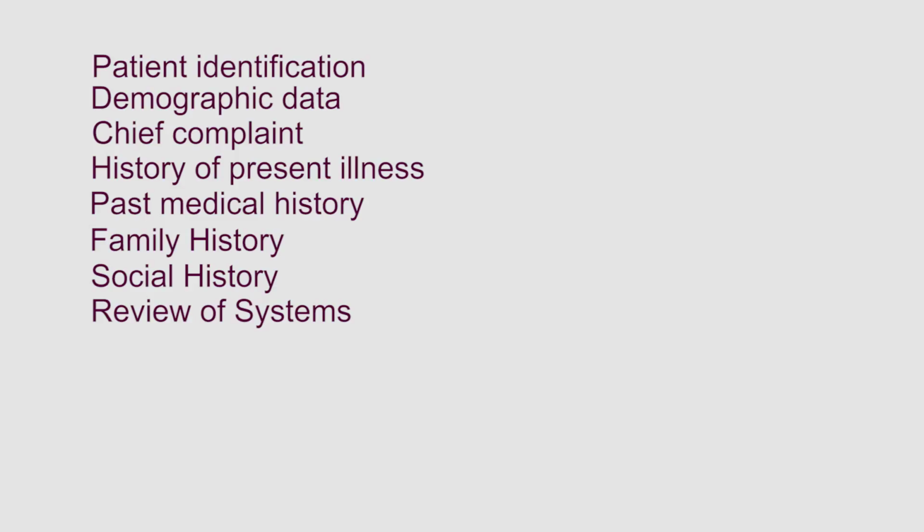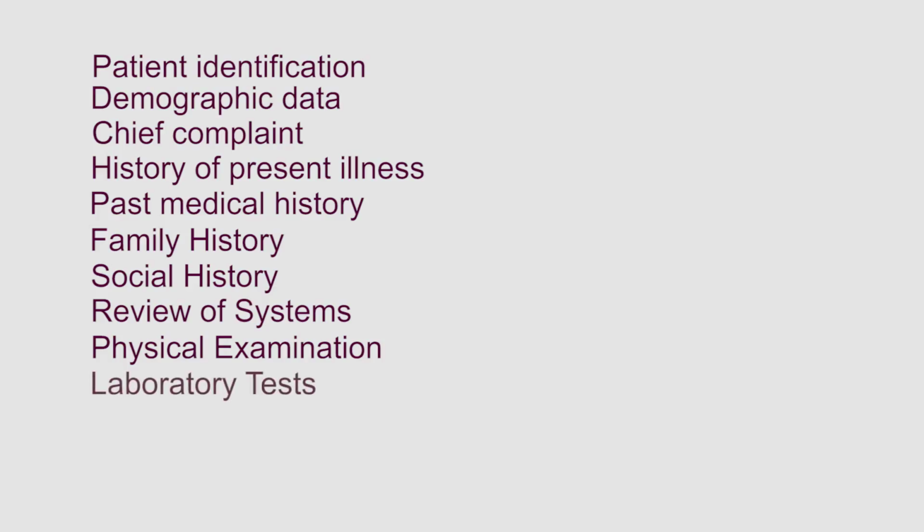The doctor asks a series of questions to the patients about different body systems for identifying signs and/or symptoms he or she is experiencing or experienced, and physical examination, which reports the results of visiting the patient, and laboratory tests.